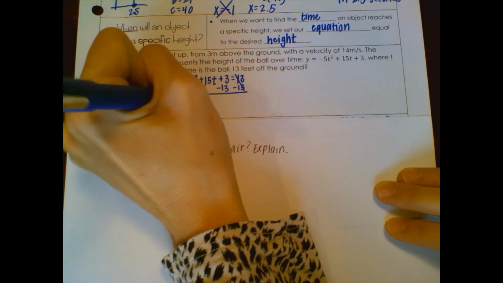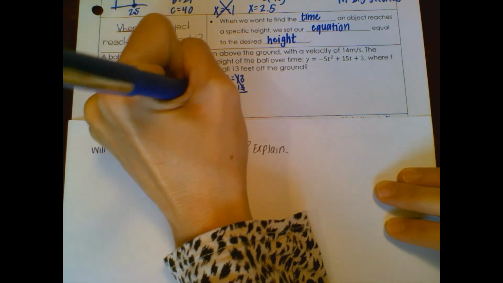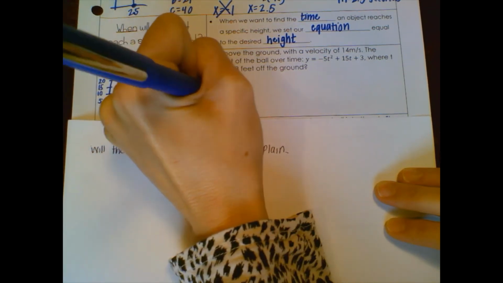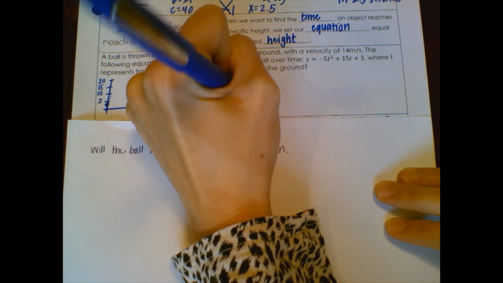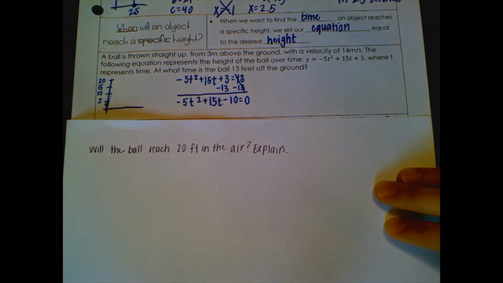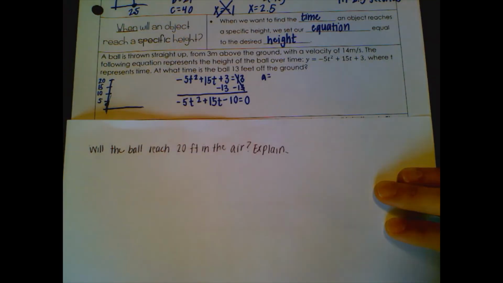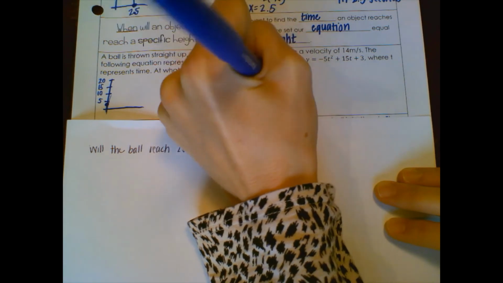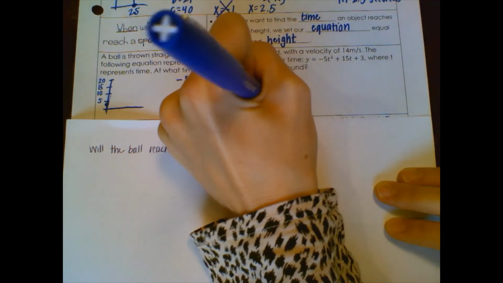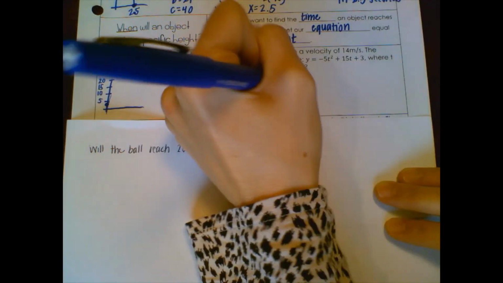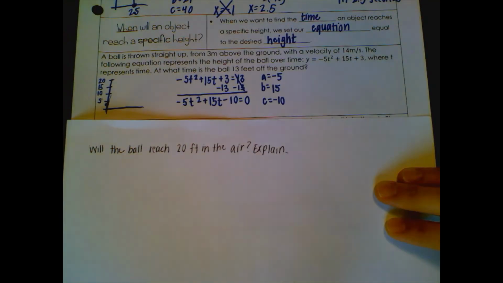So I have negative 5t squared plus 15t minus 10 now equals 0. Now I can find my a, b, and c, and we can plug that into our quadratic. So my a value is -5. My b value is 15. And my c value is -10.